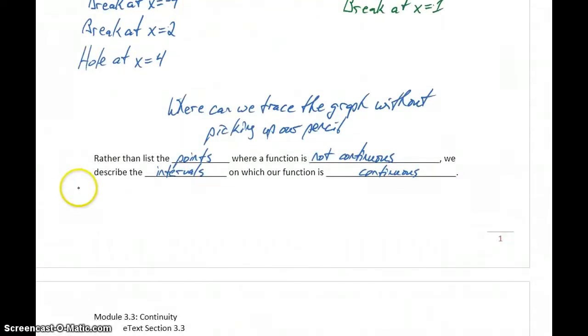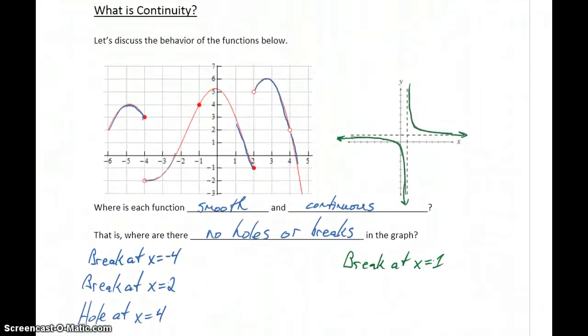For that graph on the left, our first interval of continuity would be -infinity up to and including -4. So we use that closed bracket. And then we use the union symbol, or union notation, which you have hopefully seen in classes before. It means our function is continuous on this first interval, also on the second interval and third interval, however many additional intervals we join together with that union symbol.